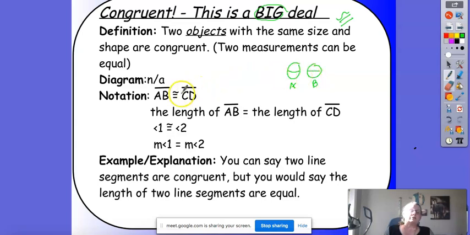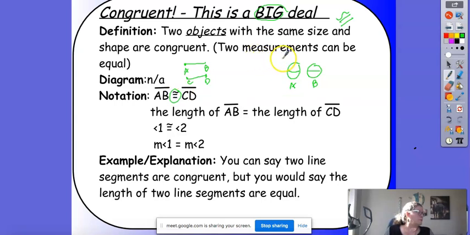Here is the notation for it. If I have two line segments, AB, let's draw it. I have AB and I have CD. They're both line segments. I can say those two are congruent. Did I tell you what their measurement was?